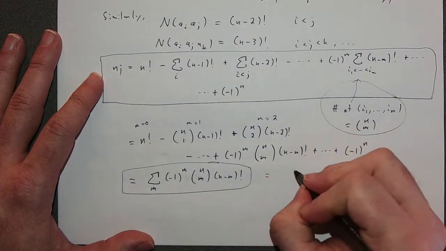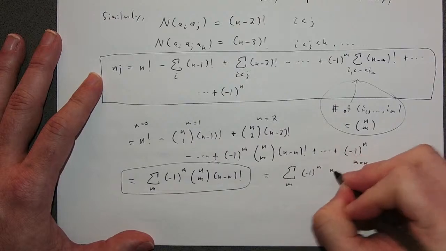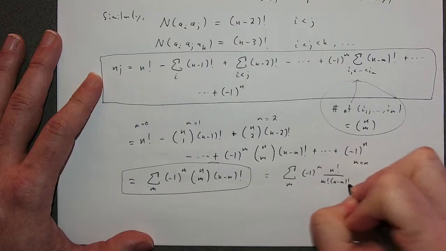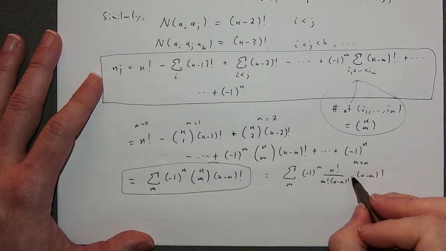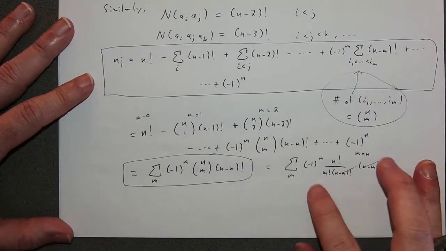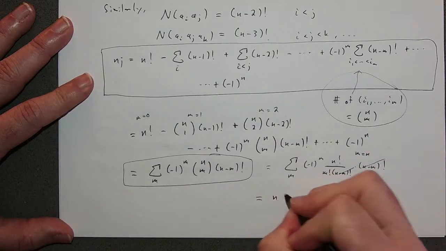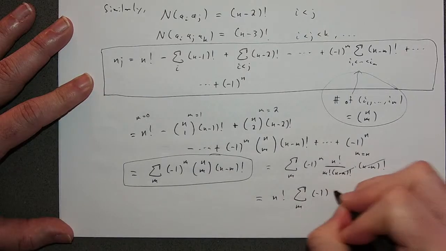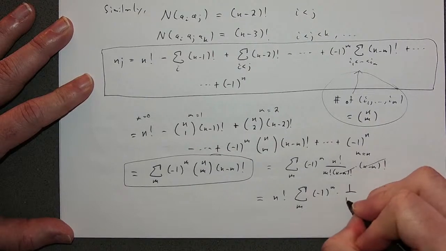So maybe here I'll do it as one step. These cancel. n factorial does not depend on m at all. So this is n factorial times the sum over m of minus 1 to the m times 1 over m factorial.